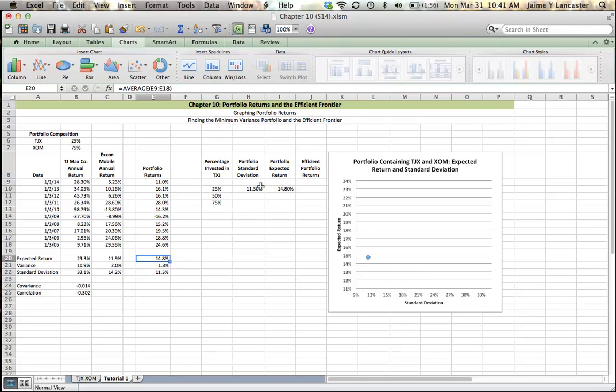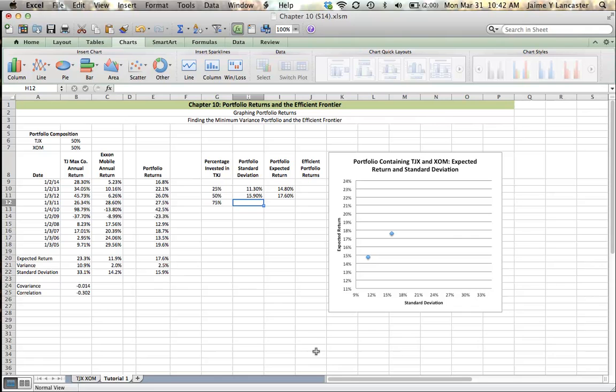Okay? So what if we have a 50-50 portfolio? 50% TJ Maxx, 50% ExxonMobil. Well, our expected return increases to 17.6%, and our standard deviation increases to 15.9%.